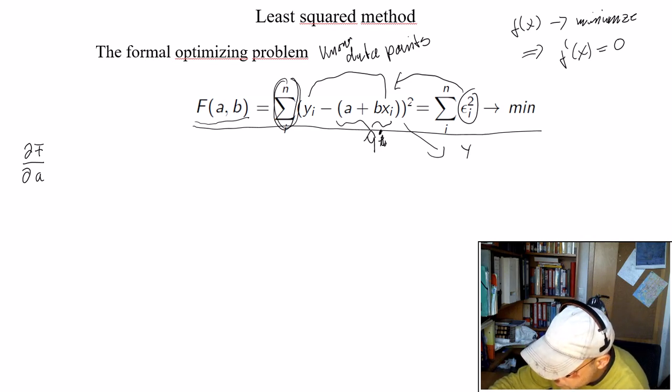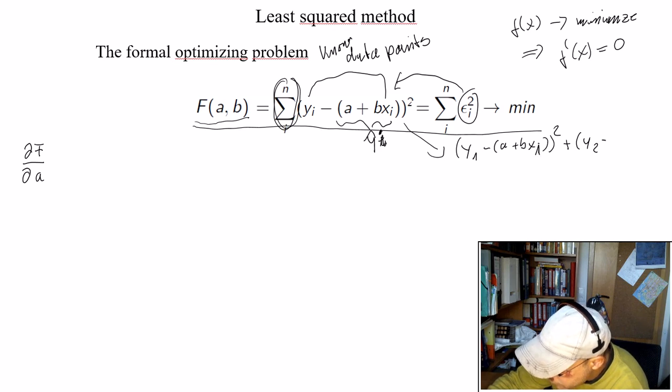So this would be y1 minus (a plus b x1) squared, plus y2 minus (a plus b x2) squared, plus and so on until our last data point, yn minus (a plus b xn) squared.